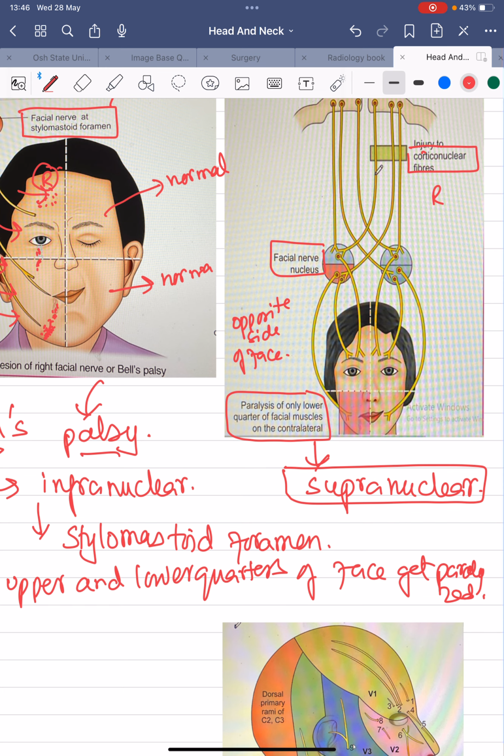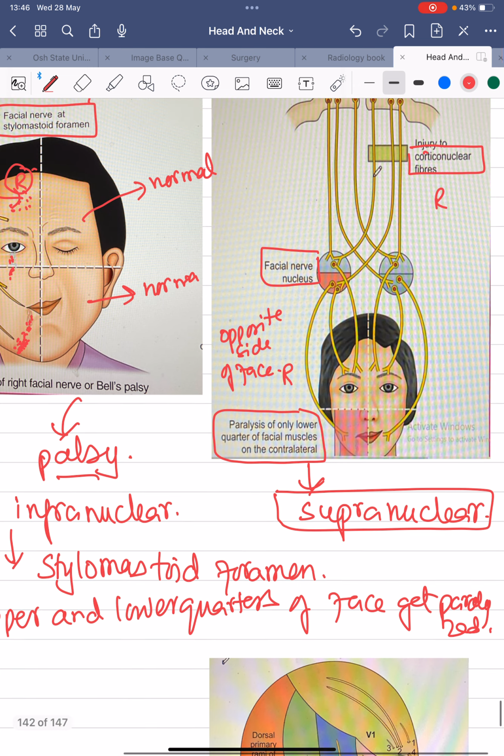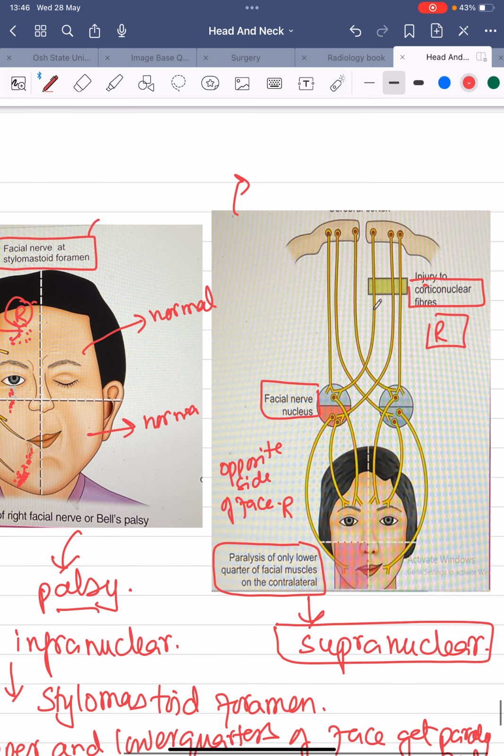So for example, if in this picture there is right-sided paralysis of the lower quarter of the facial muscles, it means the lesion is on the left side. So please remember, in supranuclear lesions of the facial nerve, it is usually a part of hemiplegia, which means paralysis, with injury of corticonuclear fibers.